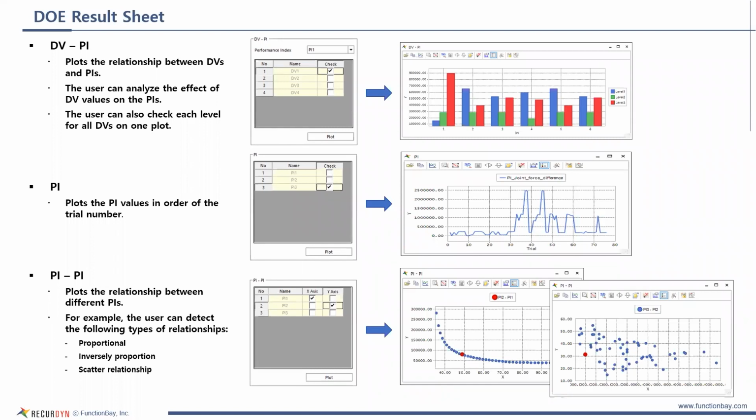This helps the user to detect certain relationships between the performance indexes, such as a proportional or inversely proportional relationship, or you could just have some type of scatter relationship where you need to select the best design from a certain area of the plot.